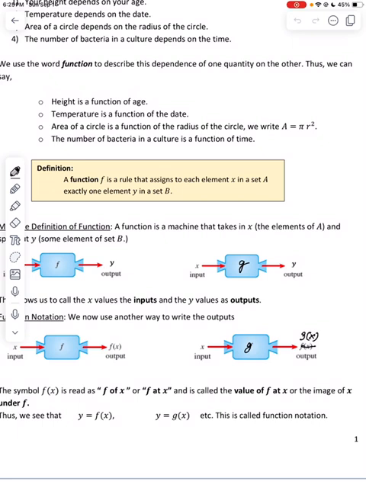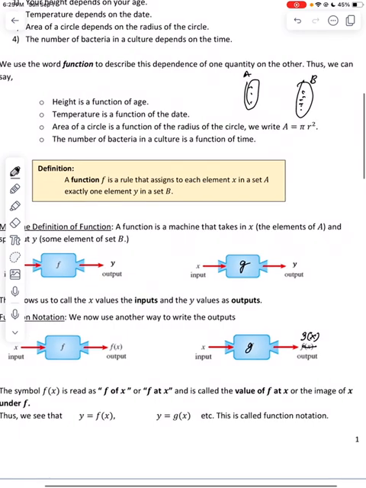So if you have a set A over here and a set B here, there could be some quantities here, and it assigns to each element here exactly one element in B. So it cannot happen that this goes to this, and it is also connected to that.